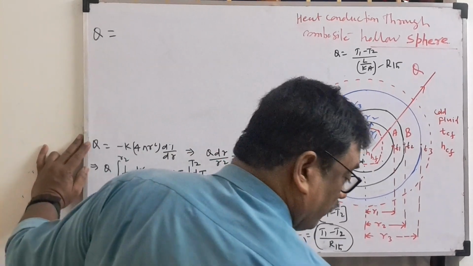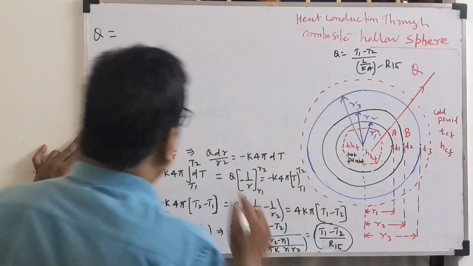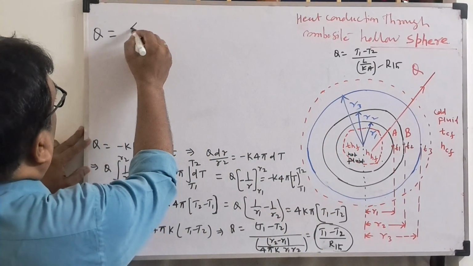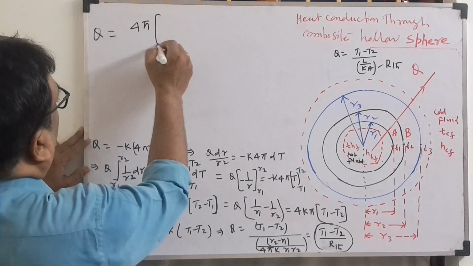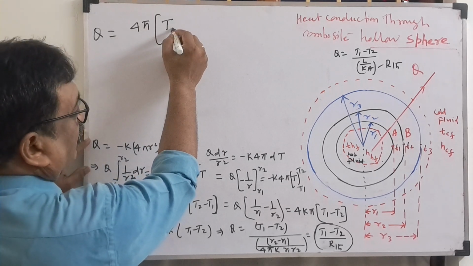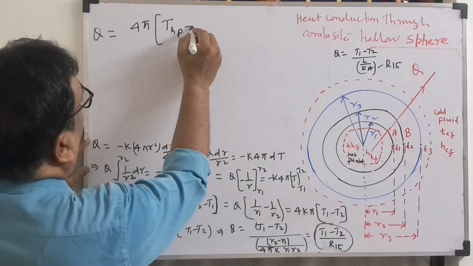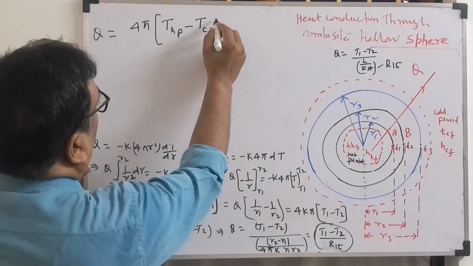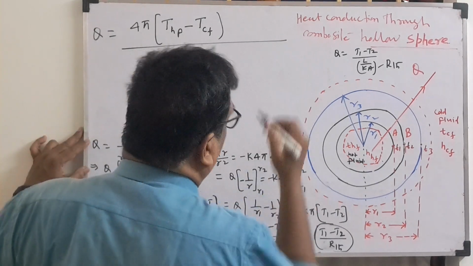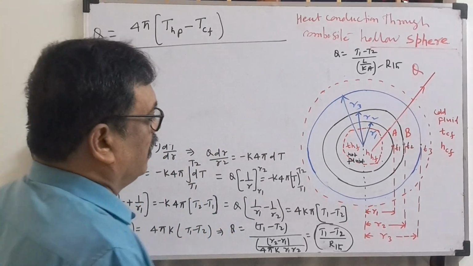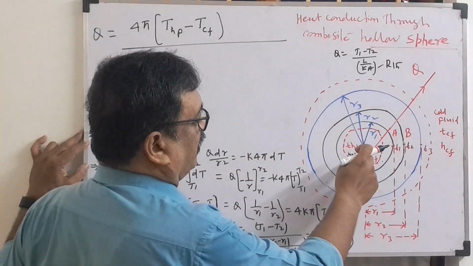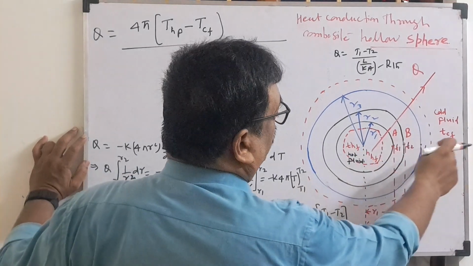First you write this formula for total. What is the formula that will come here? You see here, 4 pi will be taken out, overall temperature THF, hot fluid, minus TCF, cold fluid, by the overall thermal resistance: R for hot fluid, R1, R2 and R4.